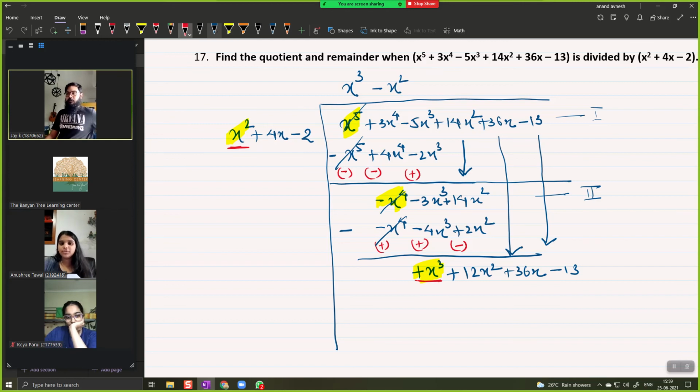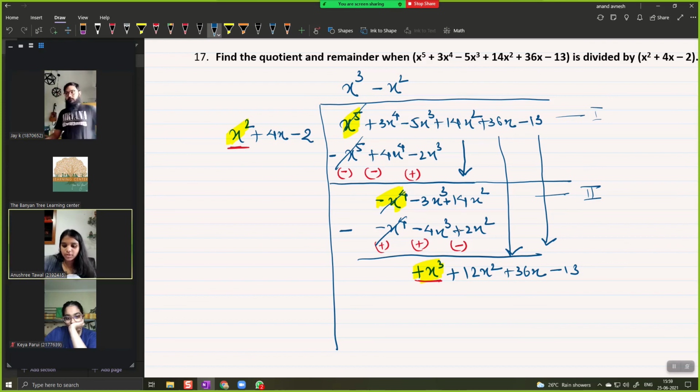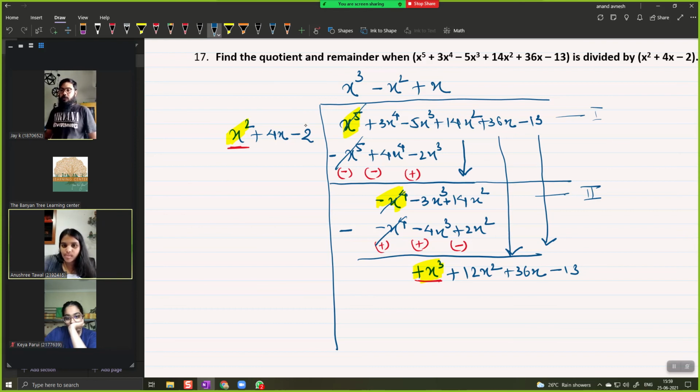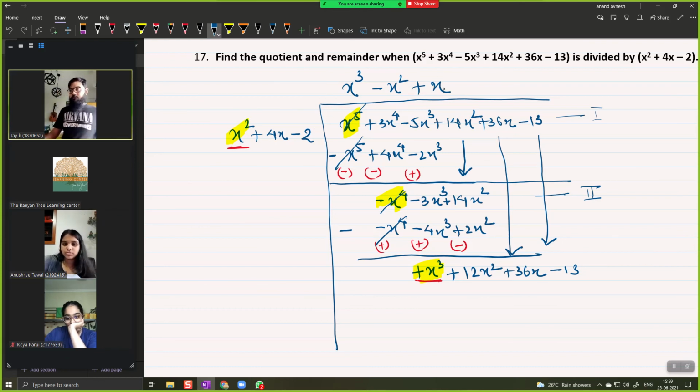Orally divide them. Plus x cube divided by plus x square is how much? Plus x. Plus x will come in the quotient. Now plus x will be multiplied with all these three terms of the divisor. Multiply and tell me the answer fast.